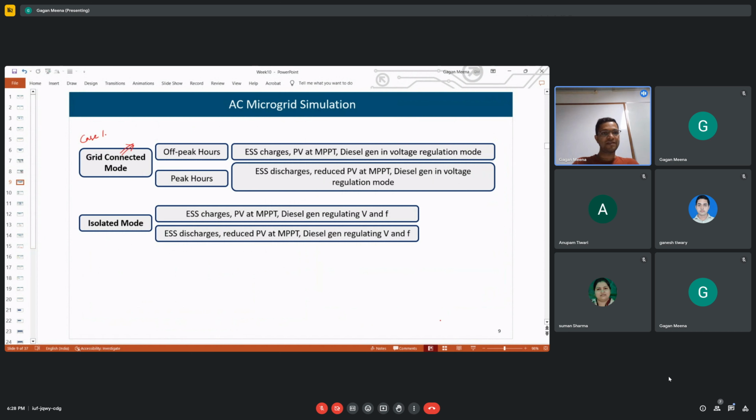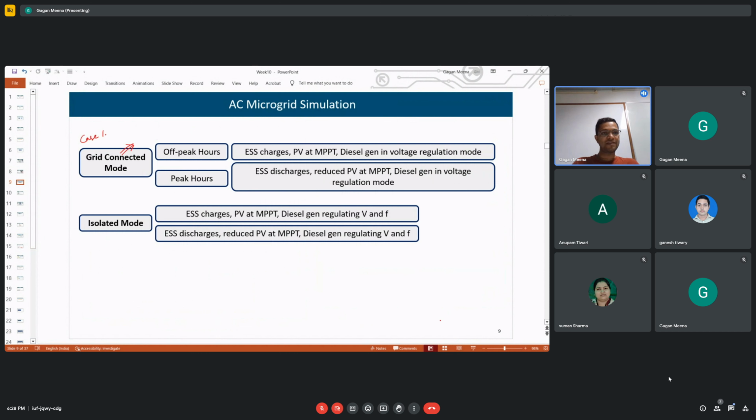If SOC is more than 40%, the battery will discharge and all the loads will be supplied. If it is between 30 and 40%, one non-critical load will be curtailed. And if it is less than 30%, then only the critical load will be supplied. This is when the diesel generator is not available.